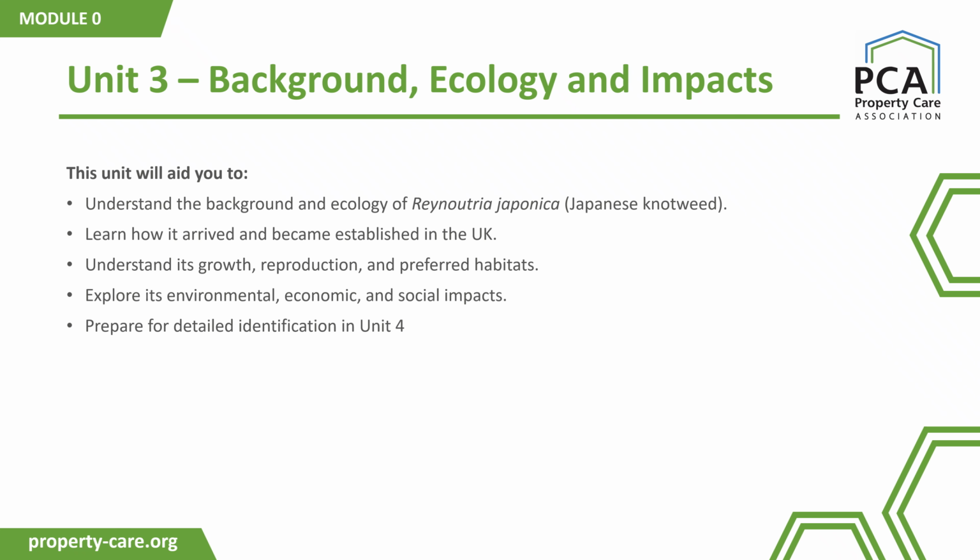Welcome. The purpose of Unit 3 is to give you an understanding of the background, ecology and impacts of Japanese knotweed. We'll look at where it came from, how it was introduced to the UK, and how it has become so established here. We'll explore how it grows, how it reproduces, and the habitats where it thrives.